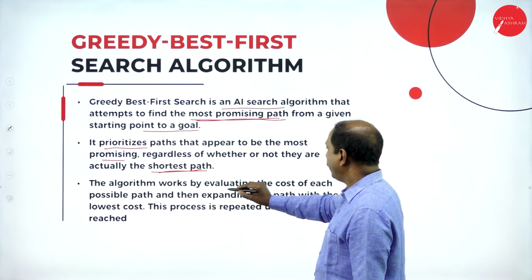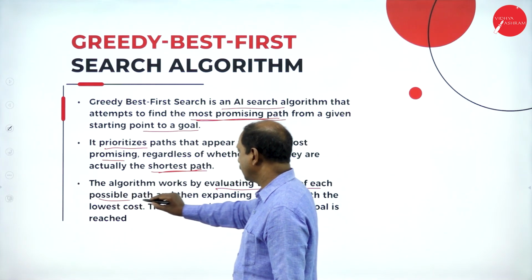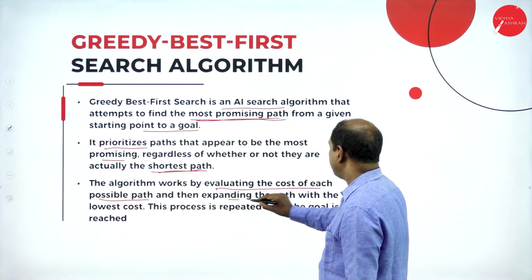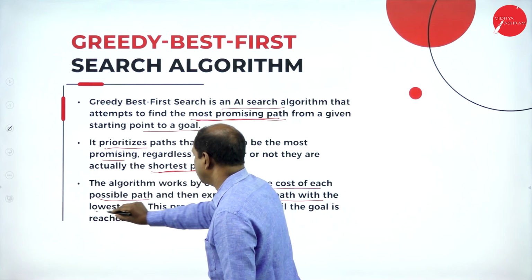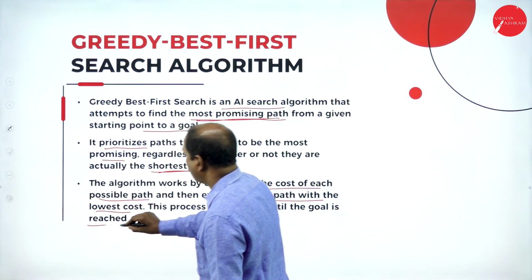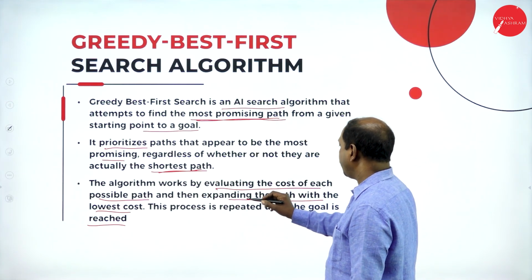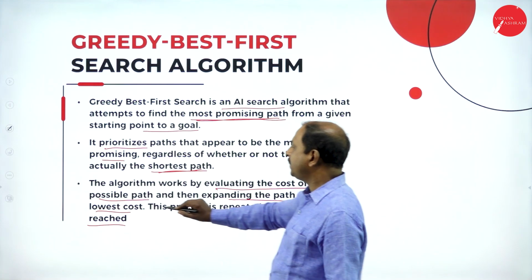It works by evaluating the cost of each possible path and expanding the path with the lowest cost. This process is repeated until the goal is reached. How does the algorithm function? It evaluates the cost of each possible path.